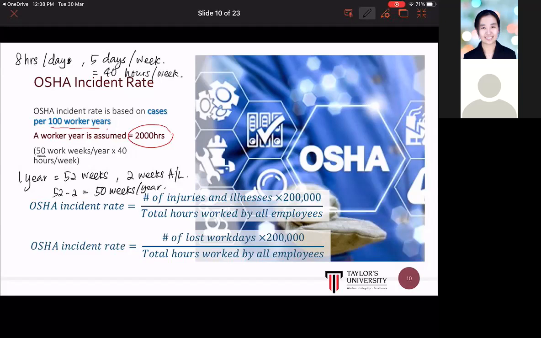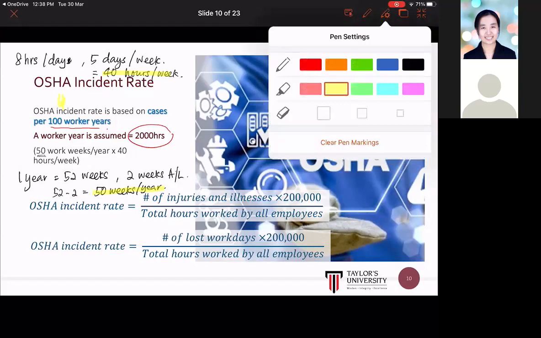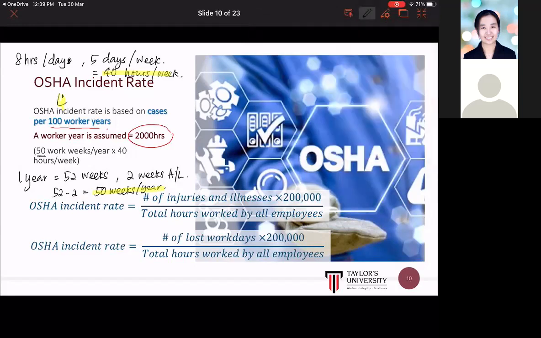So when we do that calculation, you have a 40 hour work week and 50 weeks per year. If we write 40 times 50, you get 2,000 hours per year per worker.